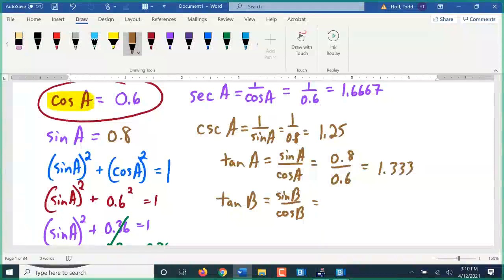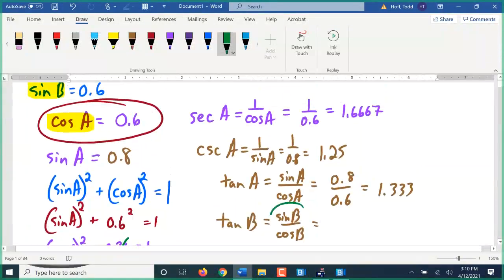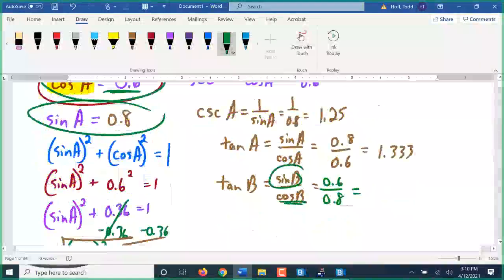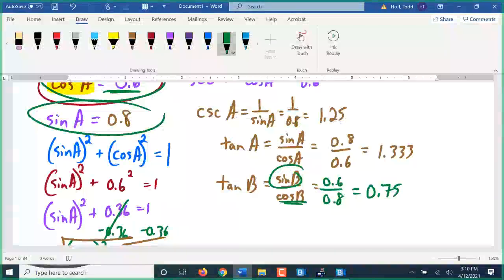But let's look at the sine of A here, sine of B. Sine of B has to equal the cosine of A, which is 0.6. Cosine of B has to equal the sine of A, which is 0.8. Tangent of B is sine over cosine.